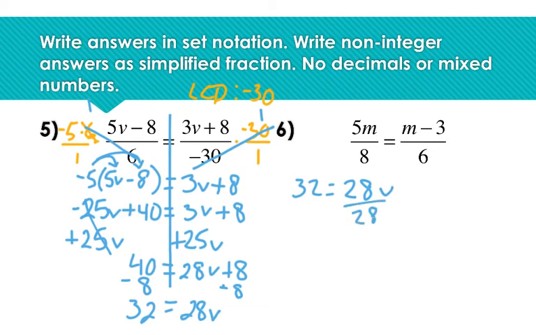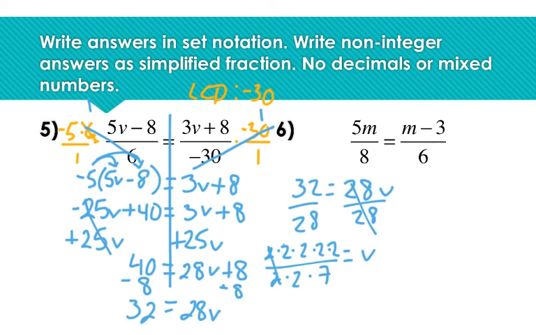Divide by 28. Now this is kind of a weird fraction that we're going to have to simplify for our answer. So we're going to have v is equal to, what I'm going to do is I'm going to factor this out, so I have 2 times 2, which is 4, times 2 times 2 times 2, which is 8, over 2 times 2 times 7, because 4 times 7 is 28.